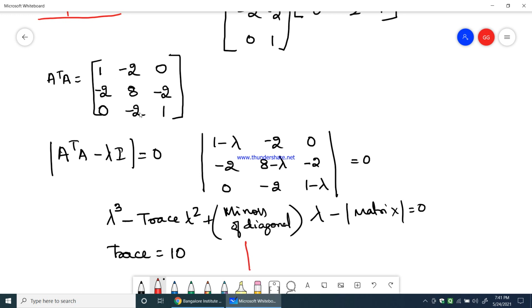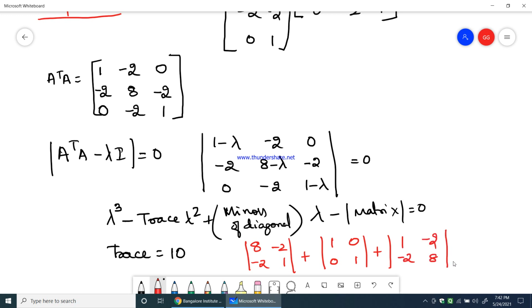the determinant for 1: 8 minus 2 1, so 8 minus 2 1, plus the determinant for 8. For 1 we took 8, 1 minus 2 minus 2. Now for 8, leaving this row and this column, it is 1 0 0 1, plus, for the last 1, leaving this row and this column, you will get 1 minus 2 minus 2 and 8.